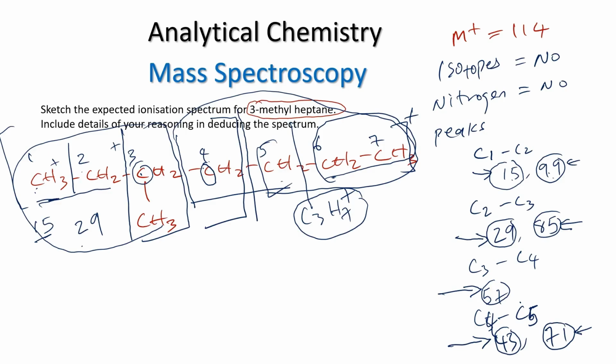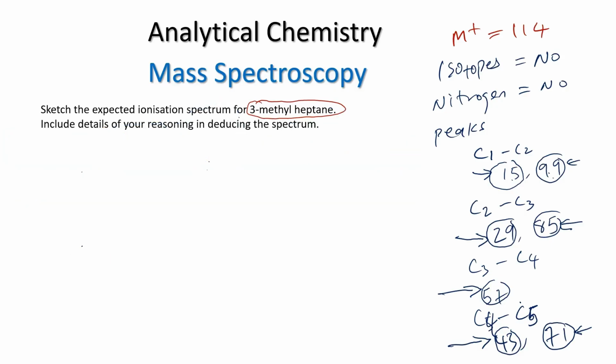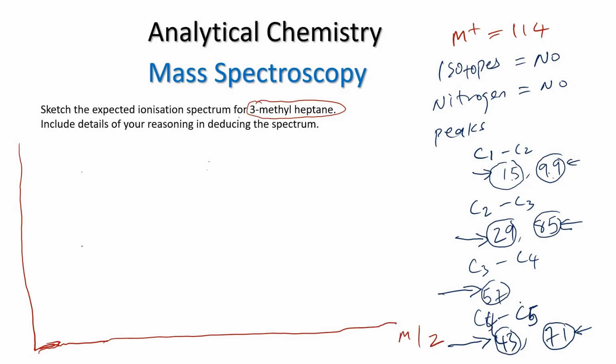Now, having known this, let us sketch the possible spectrum of this analyte. We're going to have relative abundance on this axis, and our mass to charge ratio, m/z, on this axis.